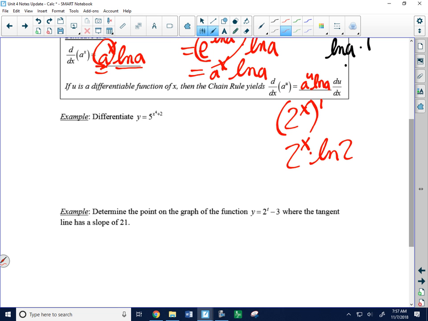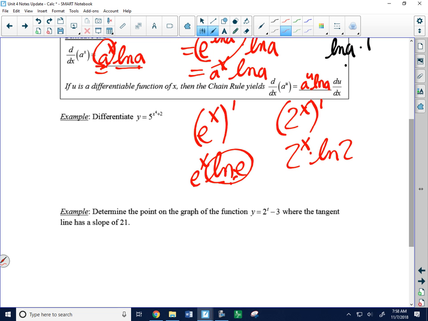Now, watch this. Remember when I did e to the x? I want to show you, these are actually the same rule. The derivative of e to the x, if I use this rule, is e to the x ln of the base a, which in this case is e. But what's ln of e? It's 1.